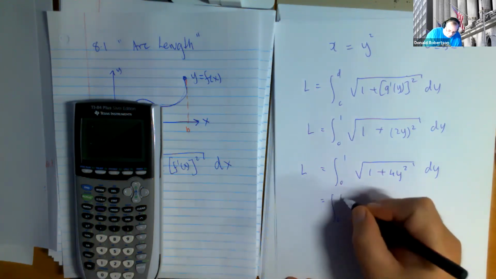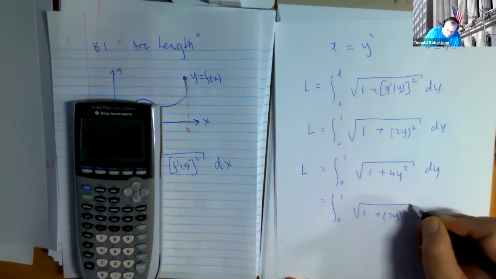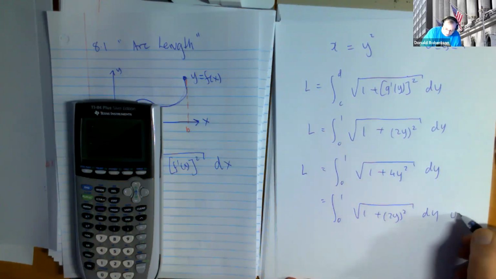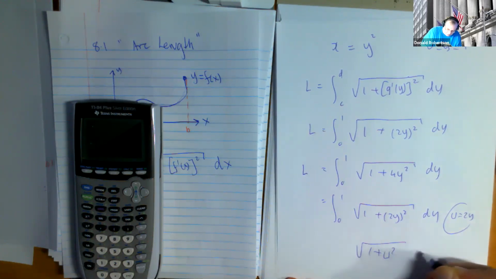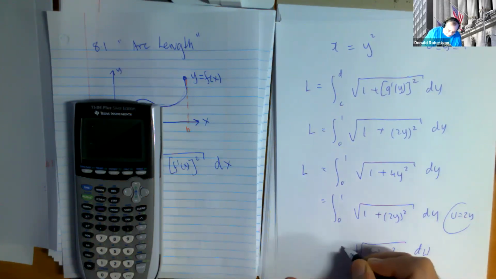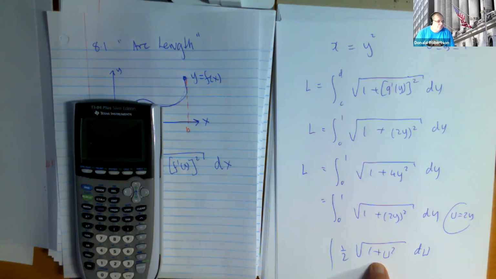You might find that you need to do a u sub of 2y so that this turns into a 1 plus u squared du guy. I'm not sure if it's a half or 2, but whatever. And that's the guy that would actually be in the tables.